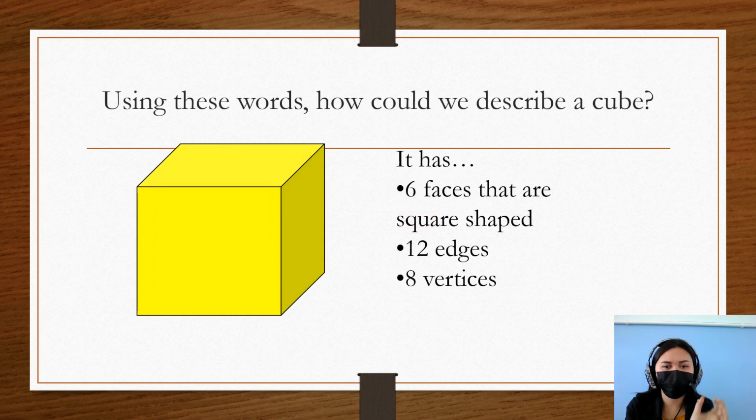The characteristic of a cube: it has 6 square faces, 12 edges, and 8 vertices. Let's see if they're correct. Let's count first the faces. 1, 2, at the back, 3, 4, 5, 6. So there are 6 faces in a cube.